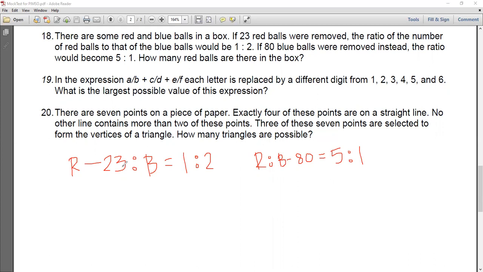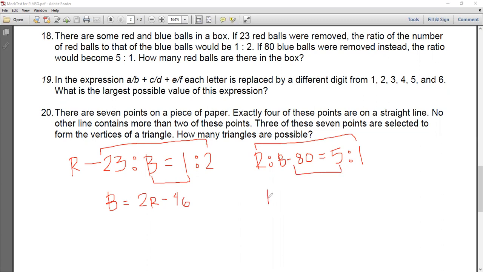So we will use the product of the means and the extremes. So we multiply r minus 23 by 2, and we multiply these two. So in that case, b is equal to 2r minus 46. While for this one, we will multiply R and b minus 80 times 5.